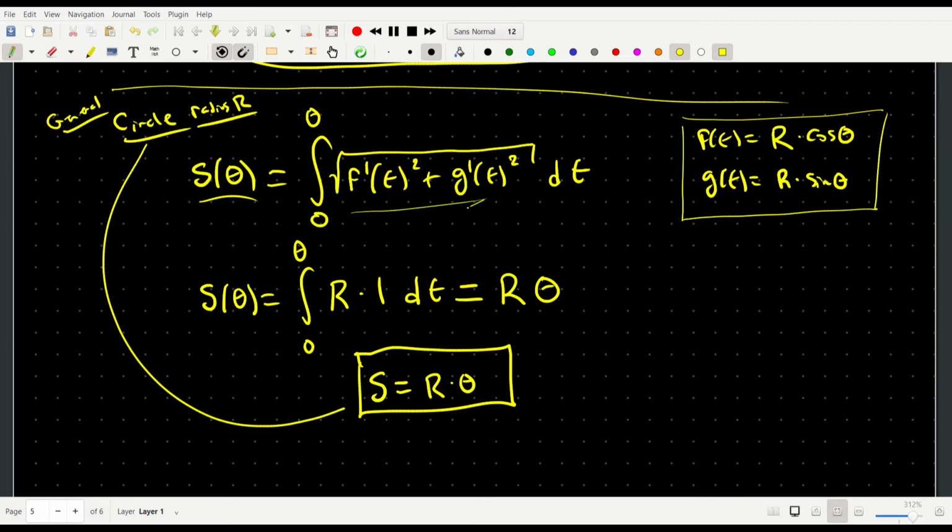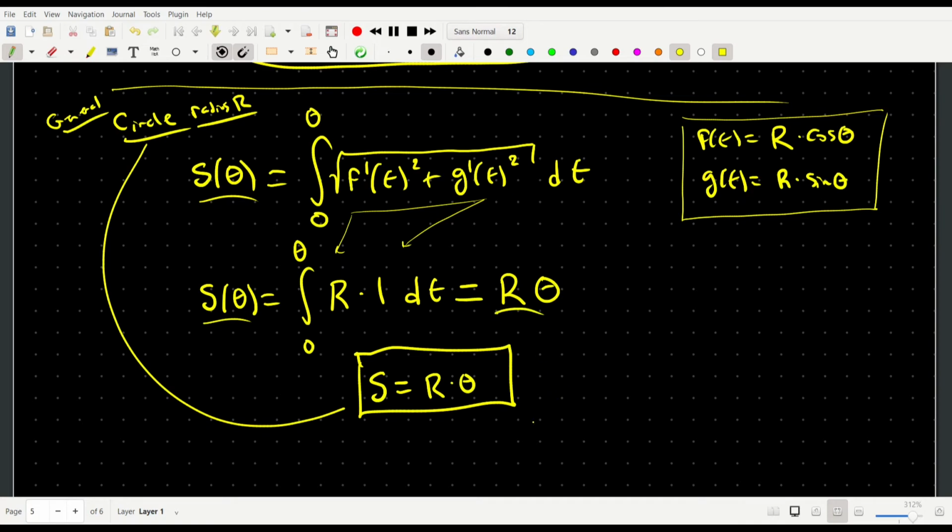This right here will simplify to being equal to r times 1, which, when we do this integral, because the r is a constant, it comes out, and we get that the arc length as a function of theta for the circle is r times theta.